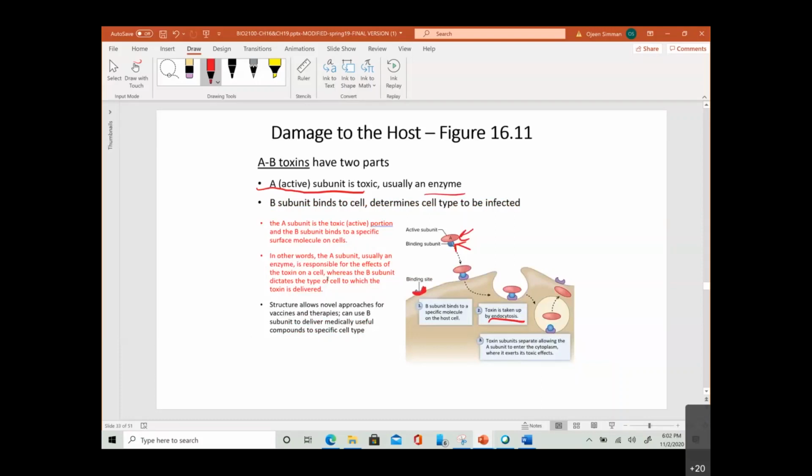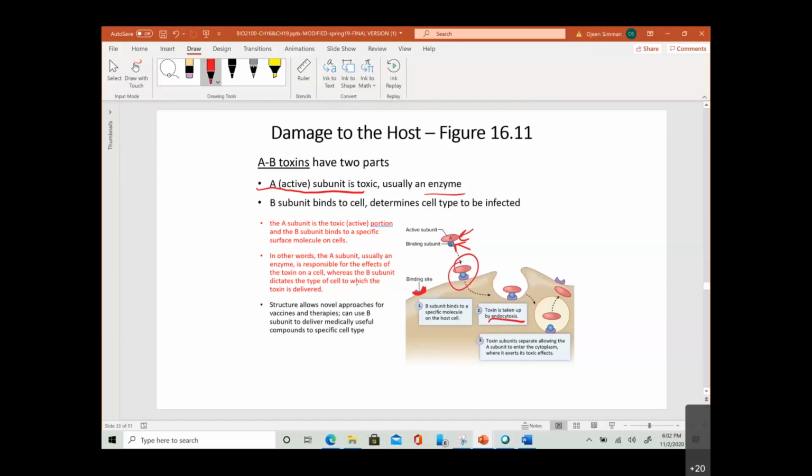So the B toxin acts as a carrier toxin for the A? Not a carrier, the B subunit binds. Here you can see it binds. Once it binds to the receptor of the host cell, it induces endocytosis.